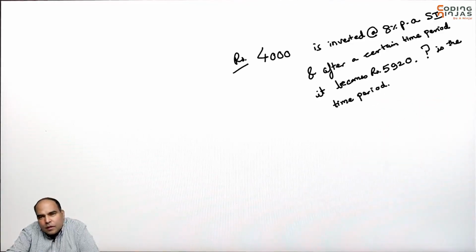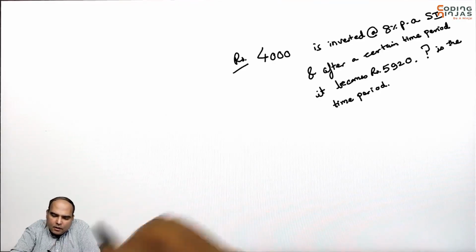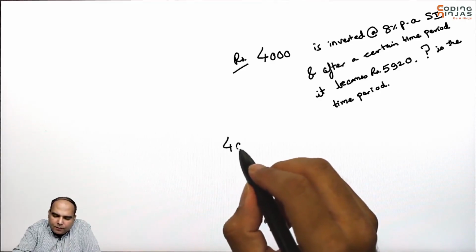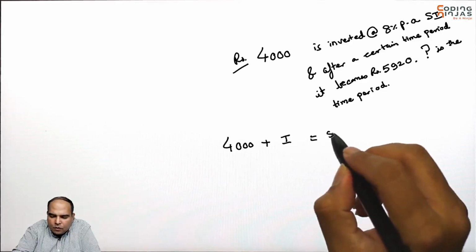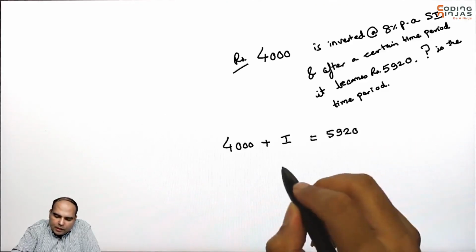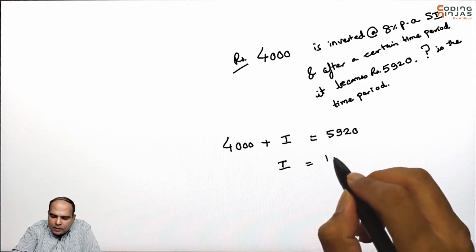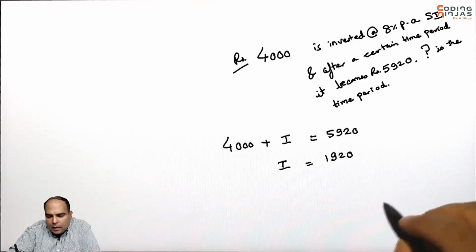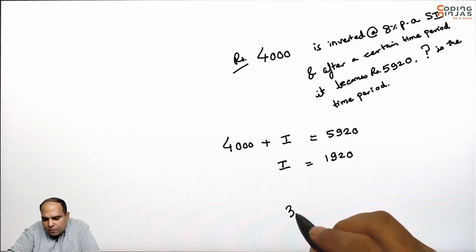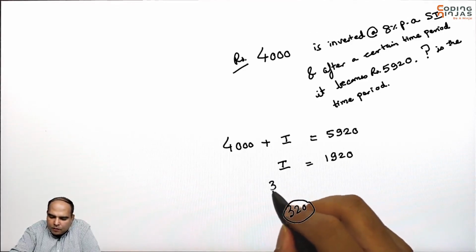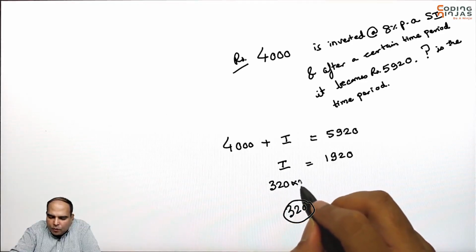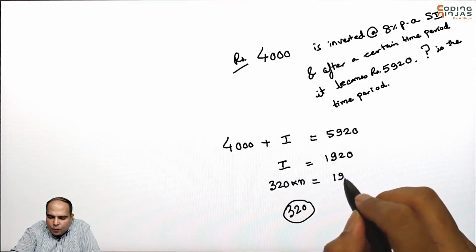So the thing is very simple in this case, because the simple interest structure is such that every year's interest keeps getting added. In this situation, you can simply think that 4,000 plus interest being 5,920, it means that the interest value that you have earned is 1920, and since you're earning at 320 rupees per annum, the number of years is nothing but 320 into n being 1920.